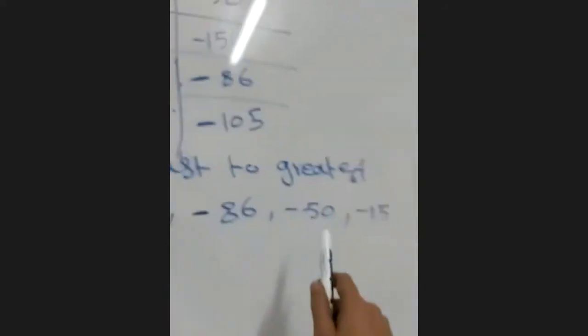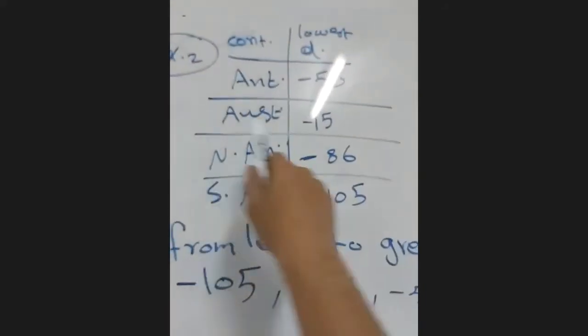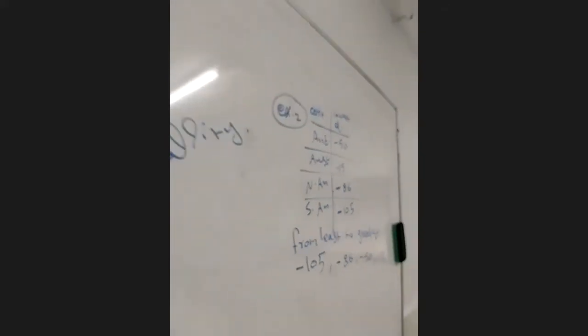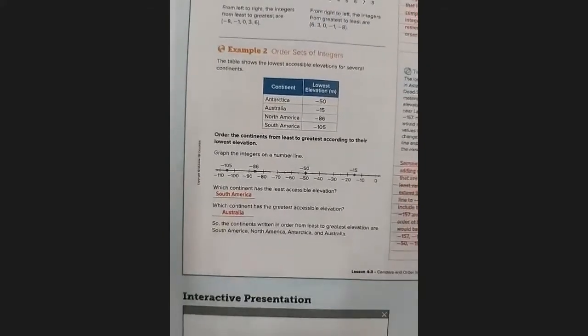Which continent has the greatest accessible elevation? The greatest number is -15, as we said, and -15 corresponds to Australia. So here you write Australia, and up here you write South America.